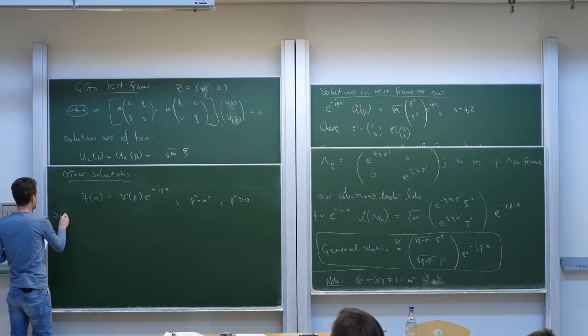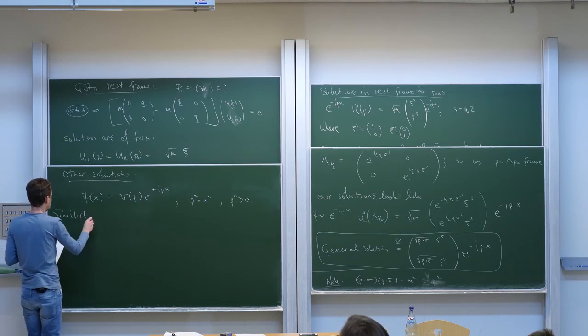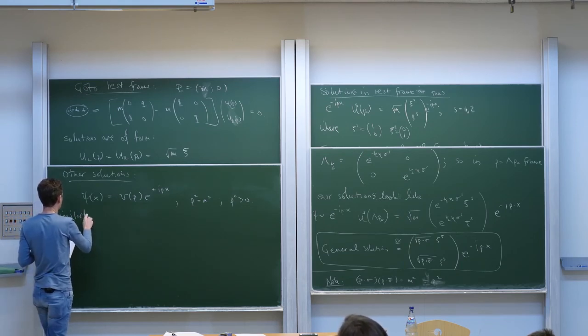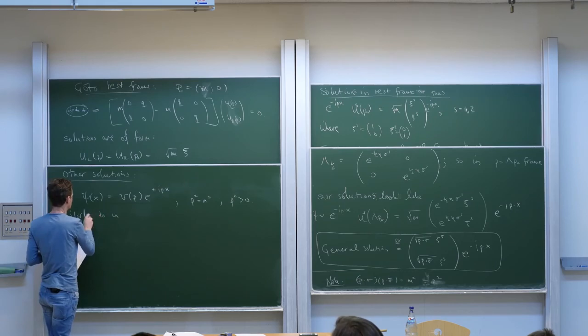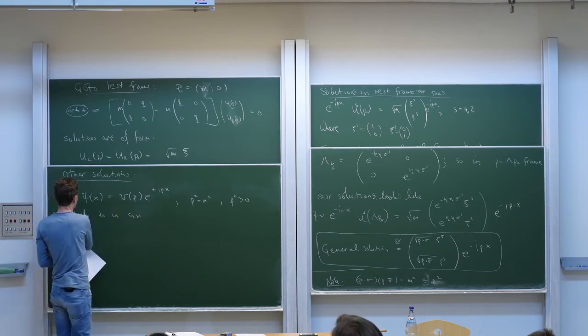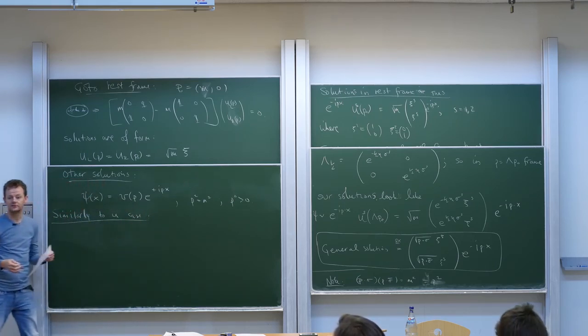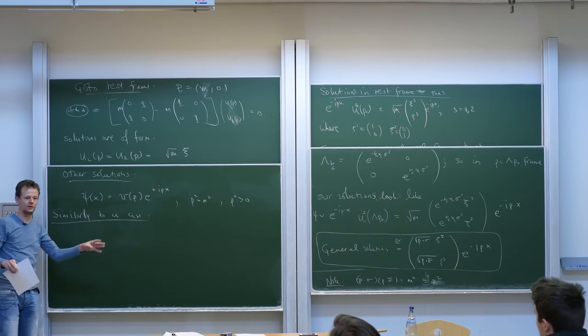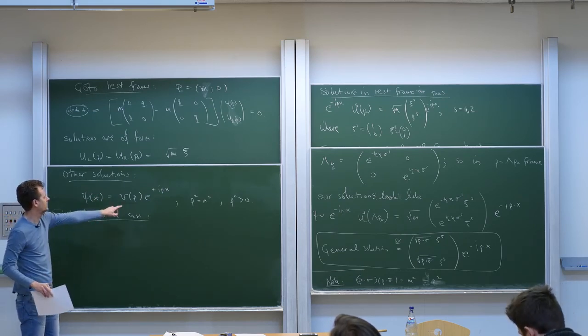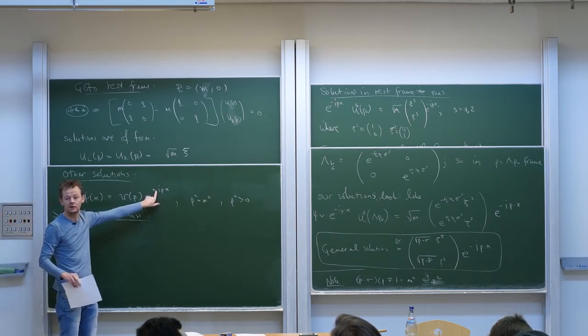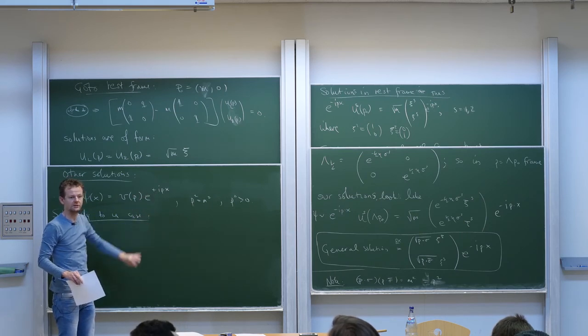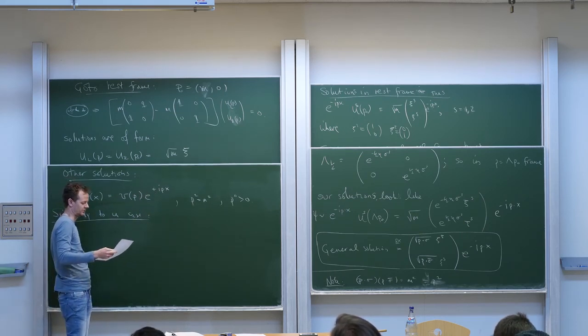So similarly to the u case, you can go through to the rest frame and write out the Dirac equation, but notice you've got this plus here, so you get plus signs where we had minus signs before, and minus signs where we had plus signs before.